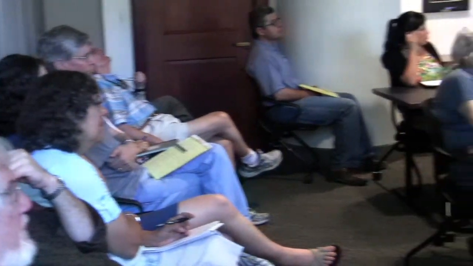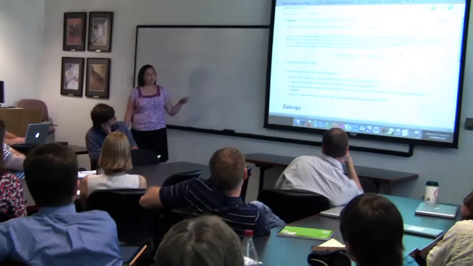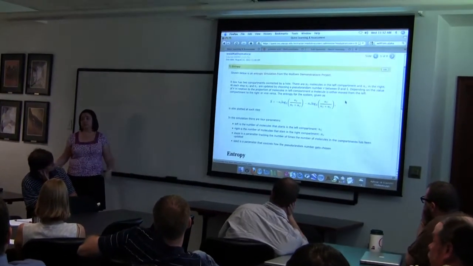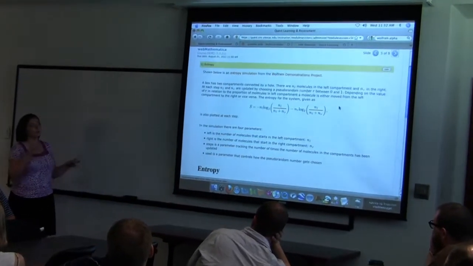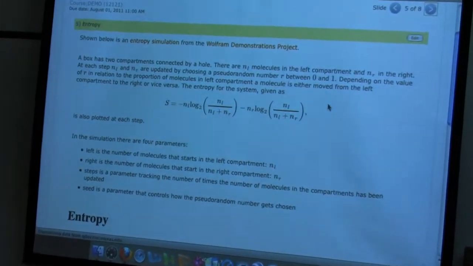So here, I have a different simulation, and this one is borrowed from the Wolfram Demonstrations Project. So Wolfram, which is the maker of Mathematica and Web Mathematica, they have a demonstrations page, and this will give us some ideas about what we can do with Mathematica. So one of the things is that this is an entropy simulation.